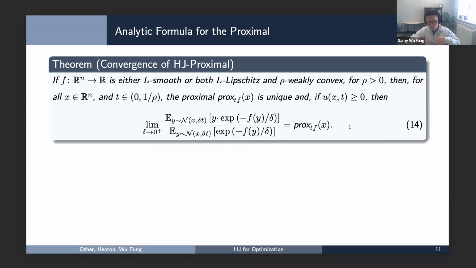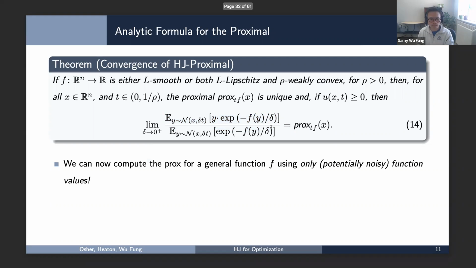So zooming out from a bird's eye view, I have a general f for which I may not have an analytic formula for the proximal, and I don't want to solve a potentially highly non-convex optimization problem just to evaluate this proximal. By going through this route of Hamilton-Jacobi PDEs, we can derive a formula that allows us to approximate this proximal using only samples, and using Gaussian-based Monte Carlo.